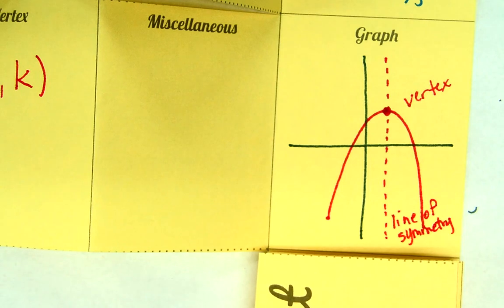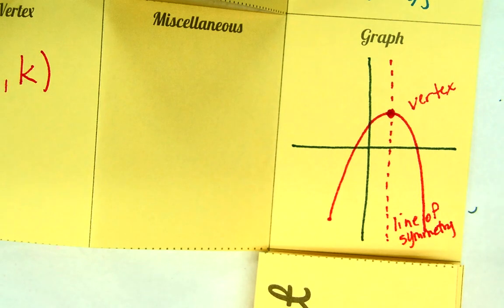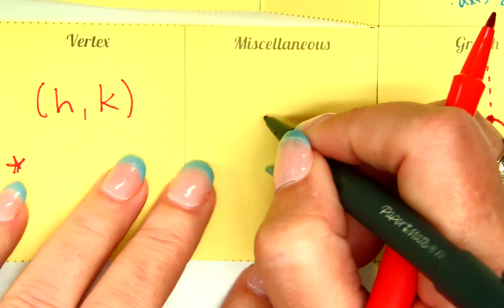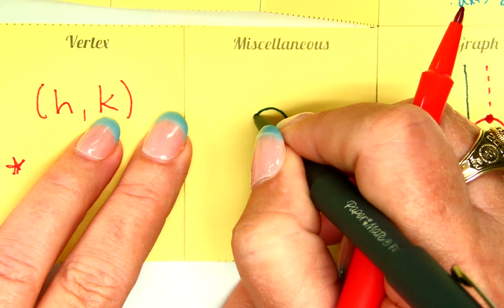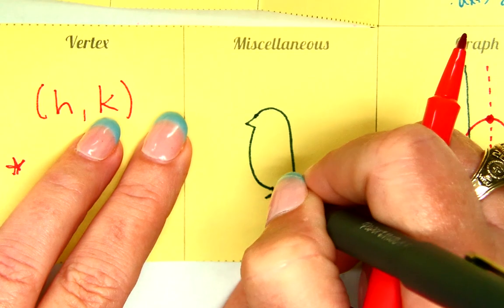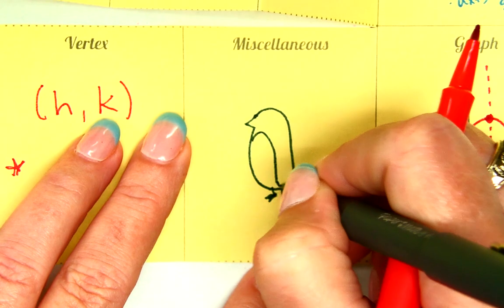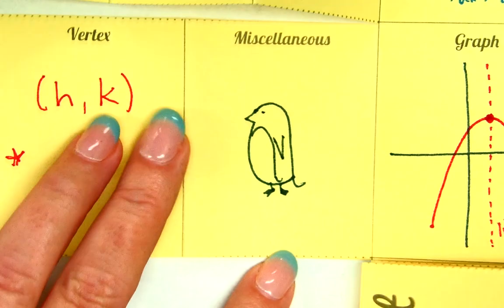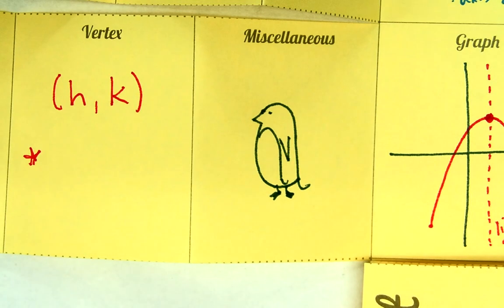Not that we can tell right away just by looking, not like y-intercept like we could on the previous one, right? Yeah, there's nothing really for miscellaneous for vertex form, so you can draw a penguin or not, that's fine. Okay.